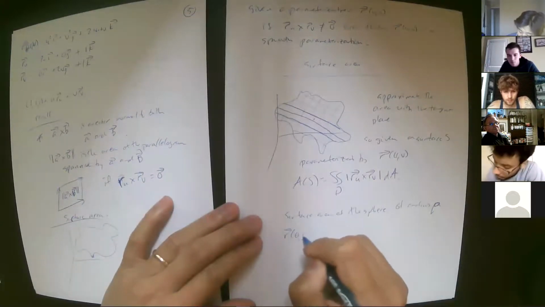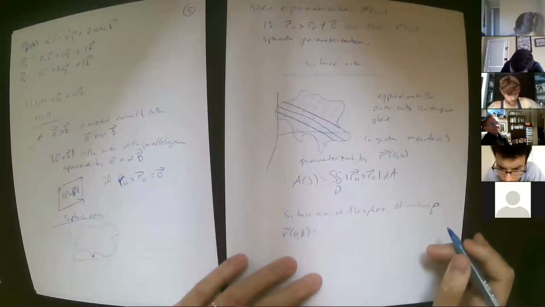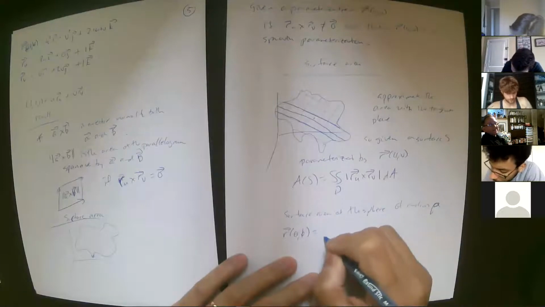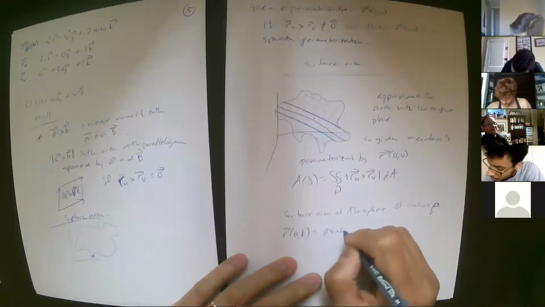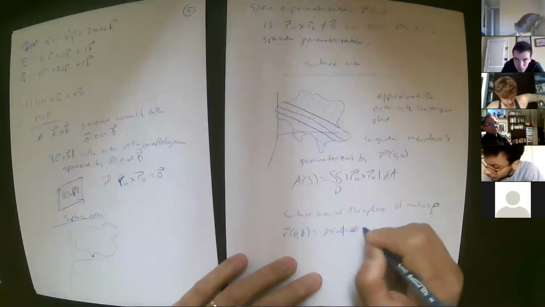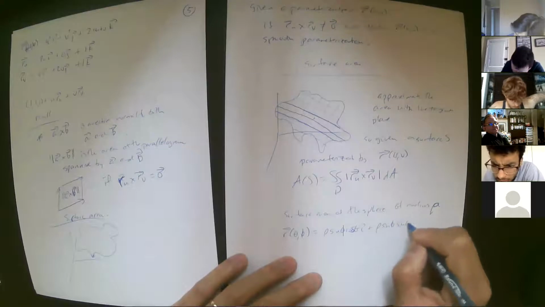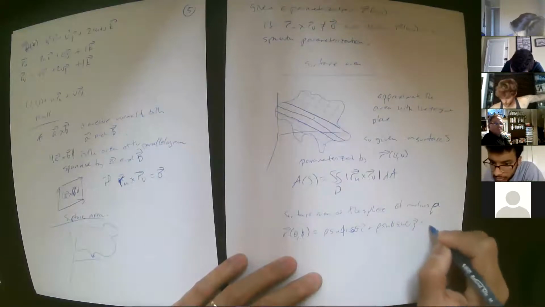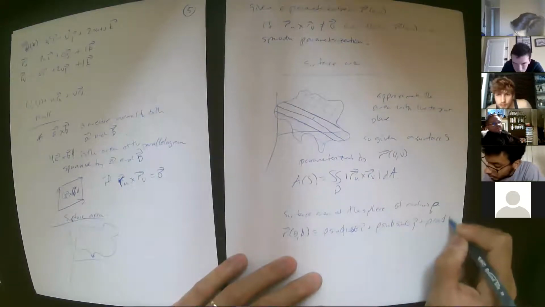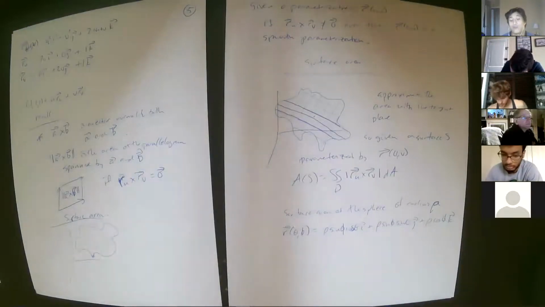R of theta phi was rho sine phi cosine theta i plus rho sine phi sine theta j plus rho cosine phi k. This is the parameterization we had for the sphere of radius rho.